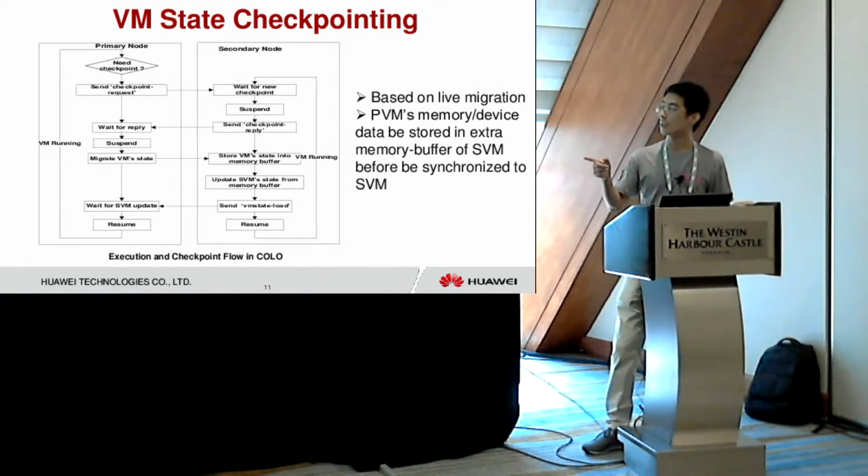So here we first store the PVM state into the memory buffer before flushing this data into the SVM. After the secondary node receives all the complete data, it then flushes the data from the memory buffer to the SVM. After that, both the PVM and SVM resume to the running state again. So the process is simple.